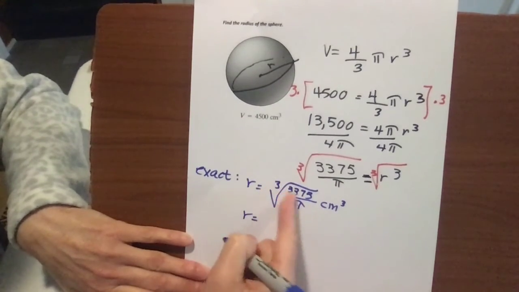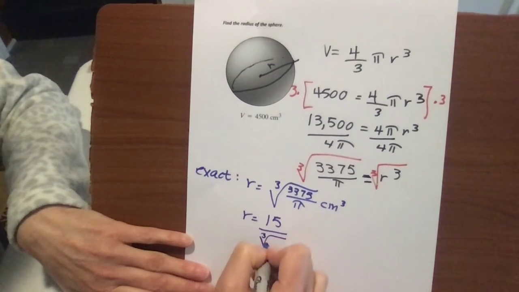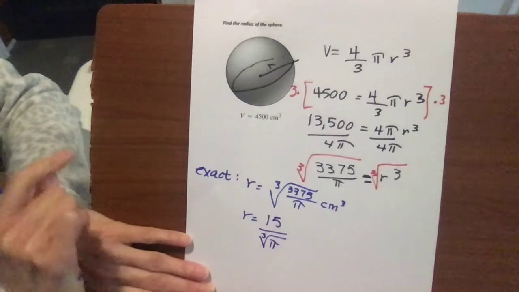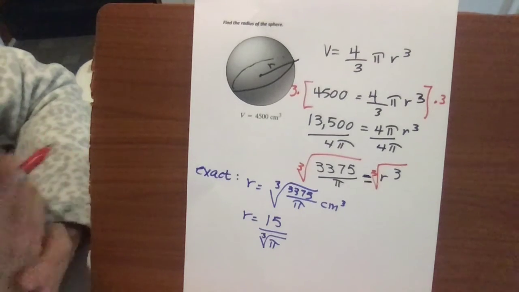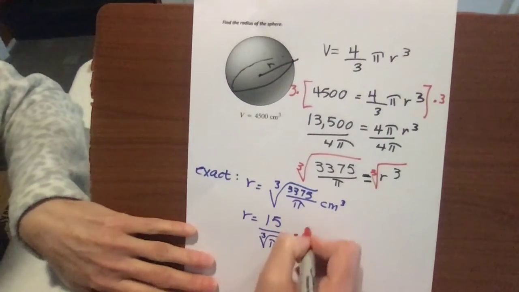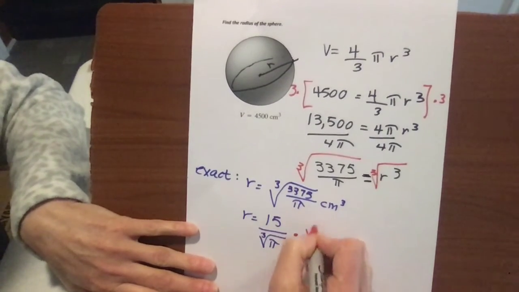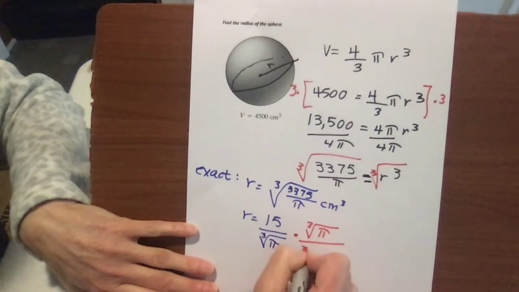The cube root of 3,375 is 15, so it's over the cube root of pi. If you remember learning with square roots, you cannot have a square root in the denominator. Well, you can't have a cube root in your denominator either. So we're going to have to rationalize by multiplying by the cube root of pi.